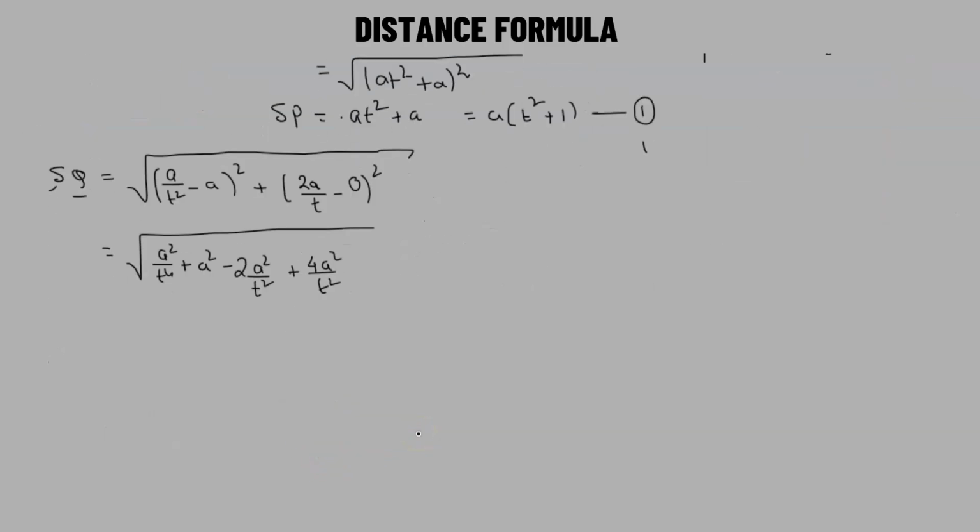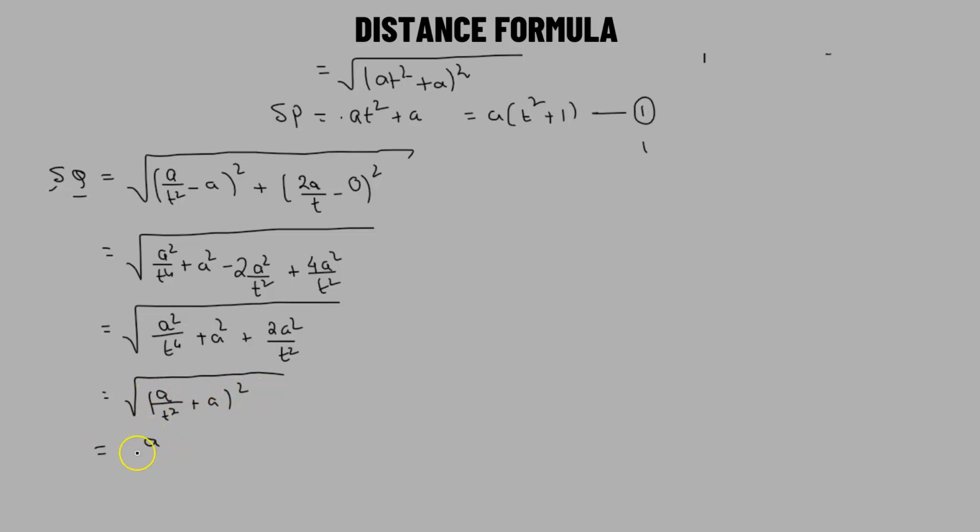Further simplification gives us the square root of a²/t⁴ + a² + 2a²/t². Now this is nothing but the expansion of (a/t² + a)². Now we can get rid of the square root and we are left with a/t² + a. So we have obtained the value of SQ as well.